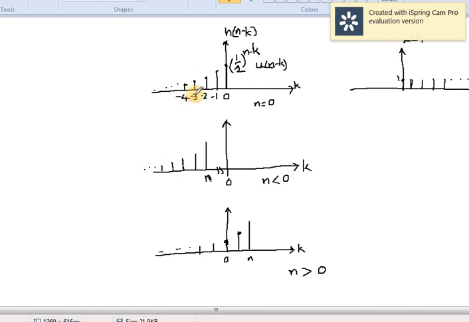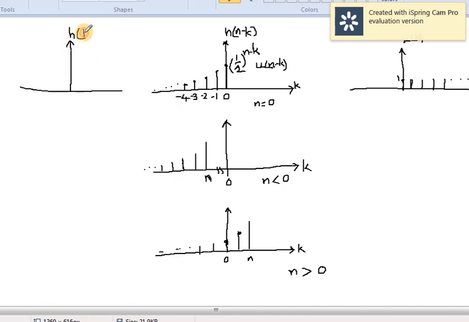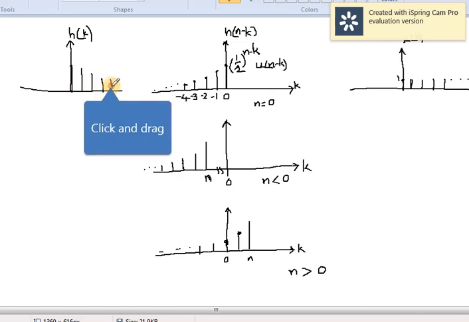We have the h of k signal, represented in this way like x of k, running from 0 to infinity, of course with k.